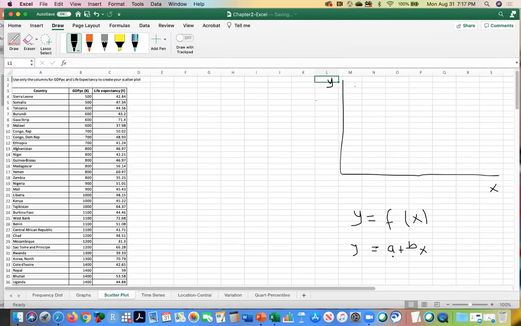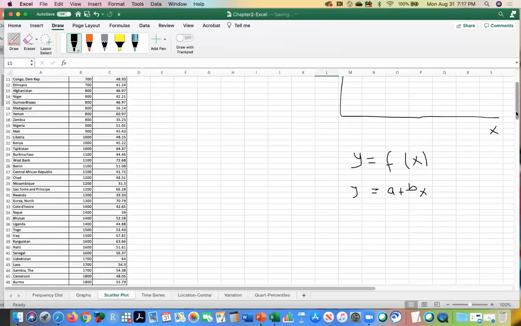the y-intercept. So what I'm gonna do is I'm gonna identify each data point. So this country, Sierra Leone, has a very low GDP and very low life expectancy. So looking at this, I can argue that life expectancy depends on the size of the economy, so the GDP, right?